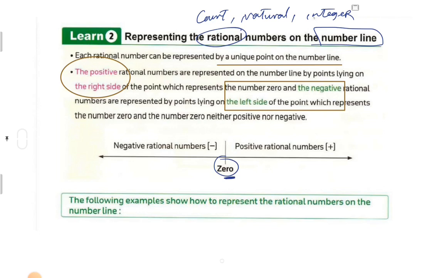Next, we have a positive part to the right of 0, and we have negative number to the left of 0. Positive to right of 0, negative to left of 0. And we will learn more in our next example.